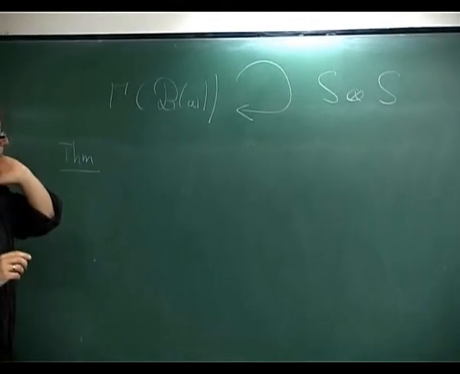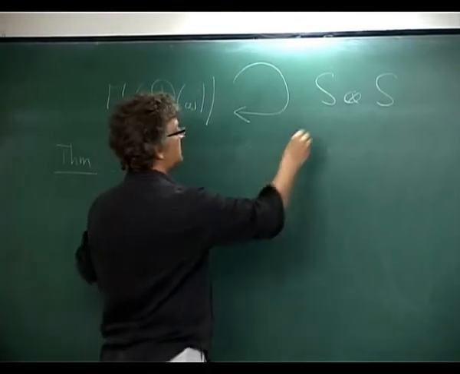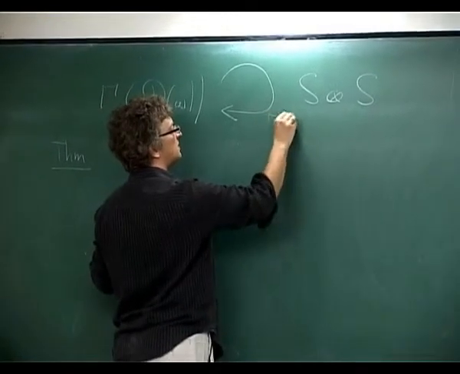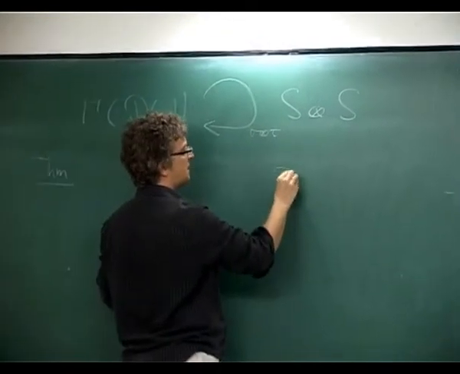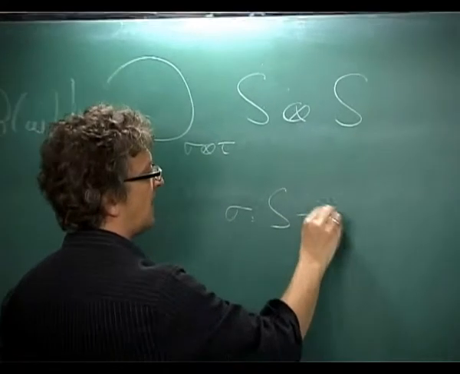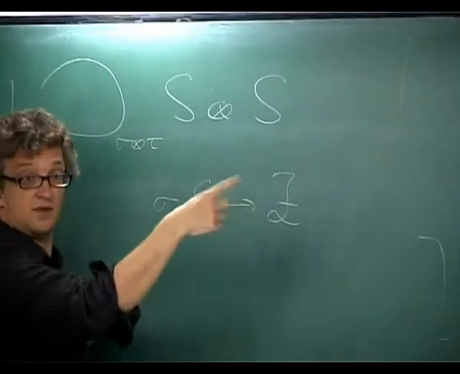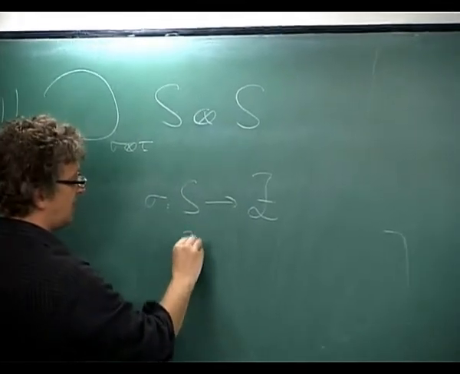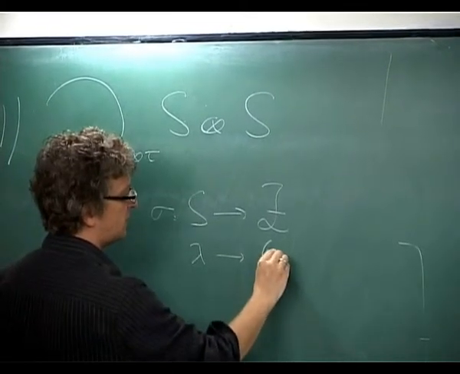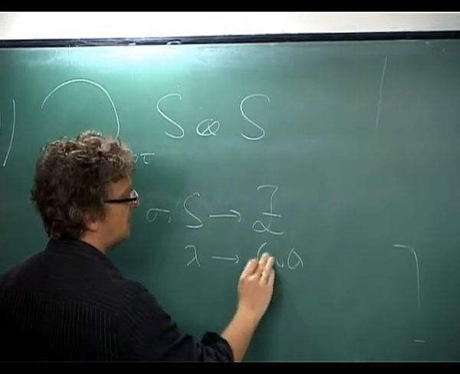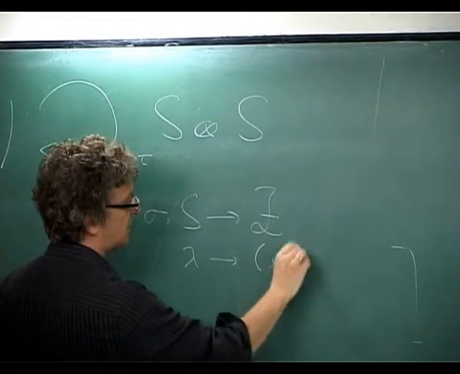Not by W, but, so this is given by a map sigma tensor tau, and sigma is a map from S into the structure algebra of our graph, sending a lambda to the tuple X of lambda.